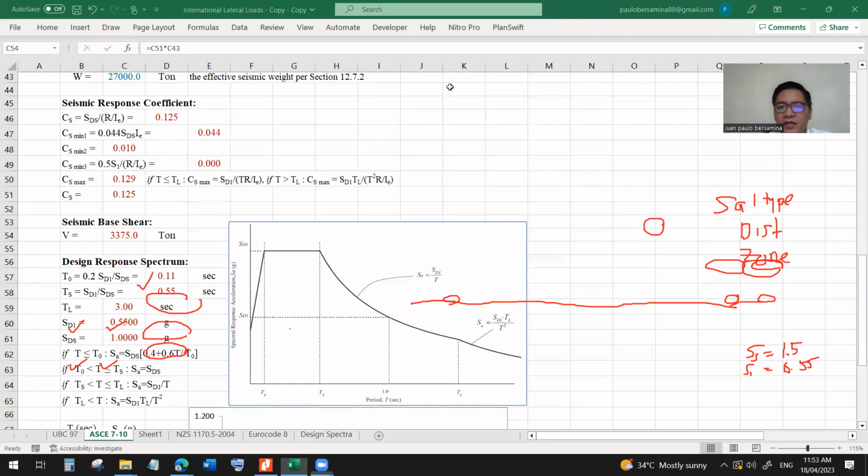Ang priority ko yung C sub S, yung coefficient. Ang base shear is equal to a certain coefficient times the weight of the building. So ito yung concern ko. Baka yung multiplier, i-differentiate natin. Ang nag-govern na multiplier is 0.125. So, 0.125.